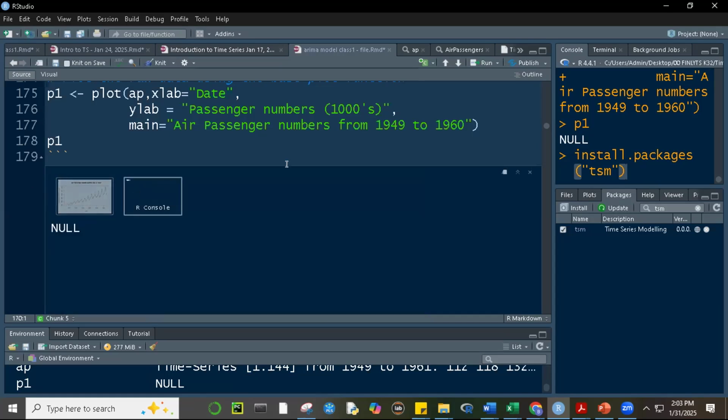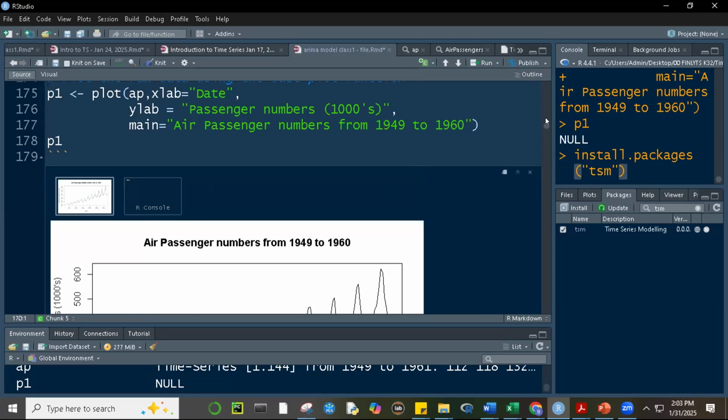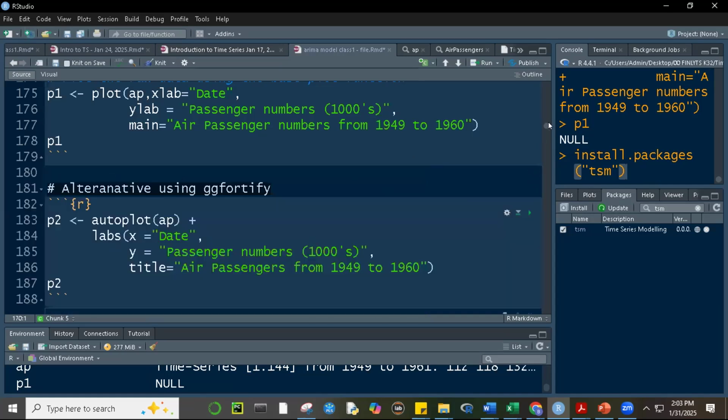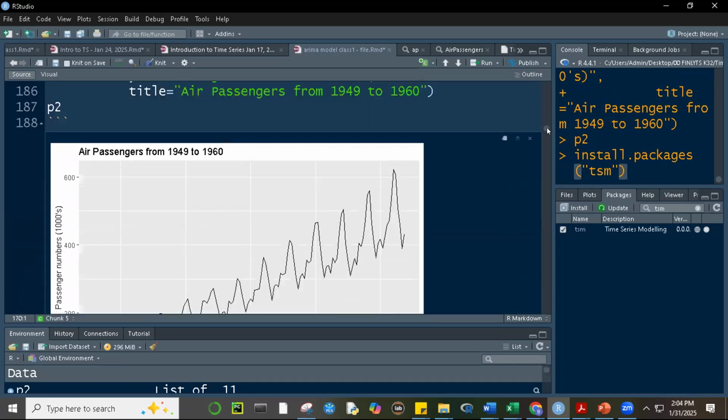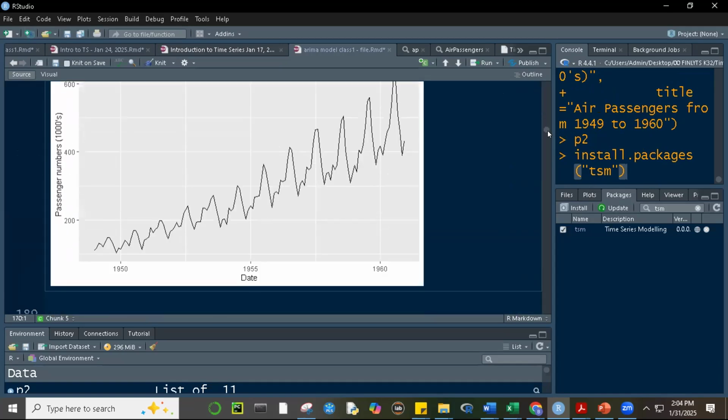Therefore, as of the moment, we cannot use ARIMA for this. We have to do some log transformation. Okay, this is another way. This is from ggfortify using the autoplot function. It will give us the same plot, only it's cleaner. Okay, this is cleaner than the previous one.